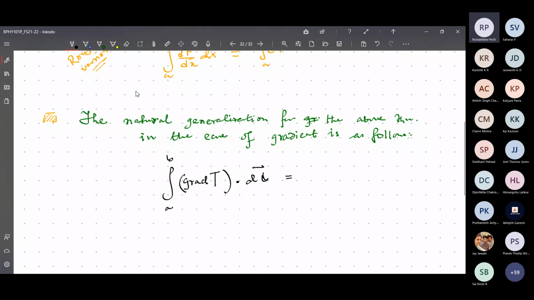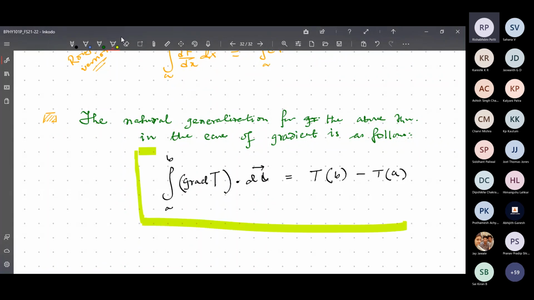This is L, so it should be a vector, and so T at B minus T at A. Now tell me, is this familiar or not? From what I have done in the previous one, do you find a similarity?